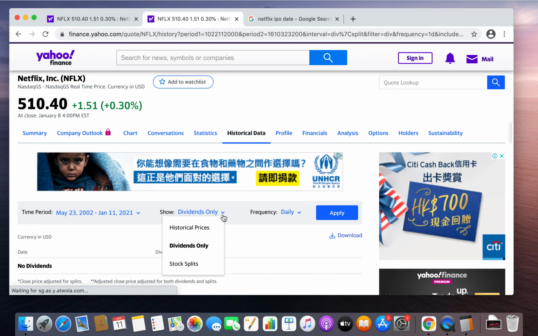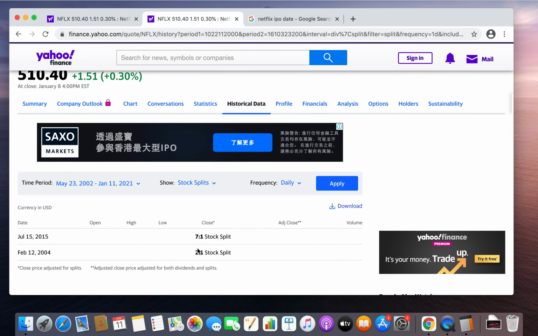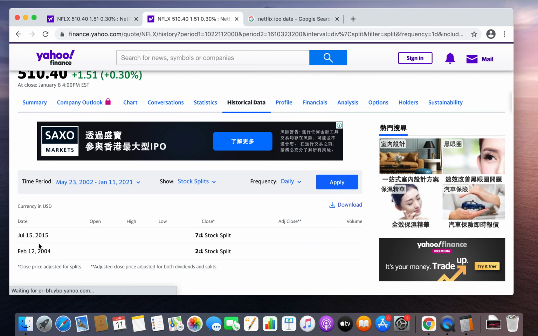Next, you check for stock splits. So you find here it tells you that there have been two stock splits, and the dates of the splits are also important. One was in 2004 and the other was in 2015.